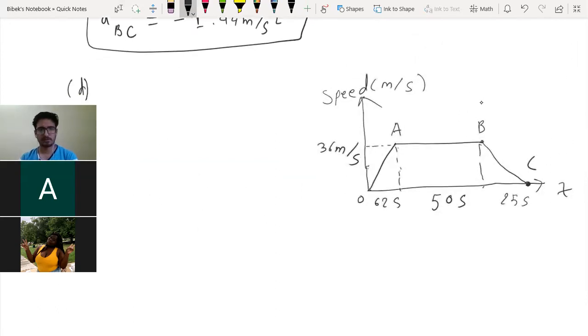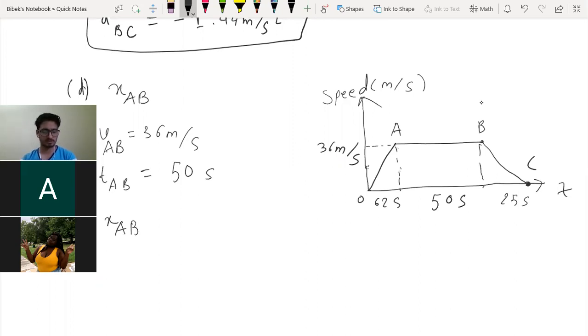So we need to find the distance from A to B. We know the train is moving with constant velocity from point A to point B. So velocity AB is 36 meters per second, and the time the train takes to reach from point A to point B is 50 seconds. The definition of velocity is distance traveled over time.